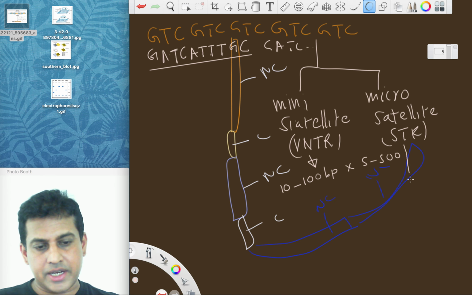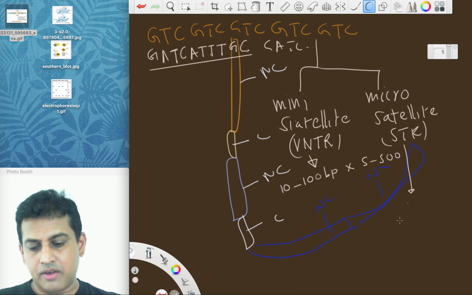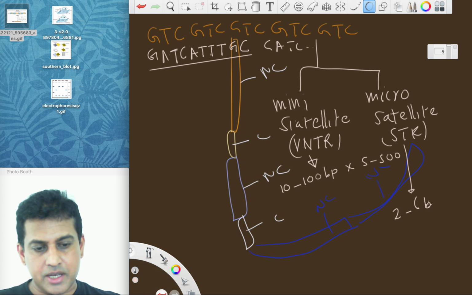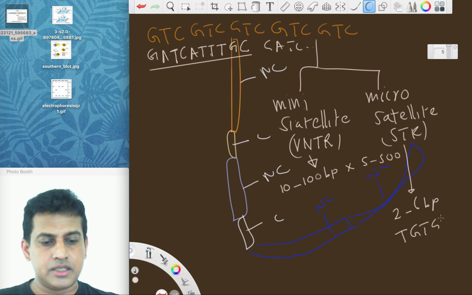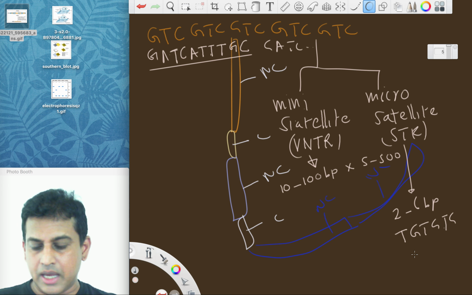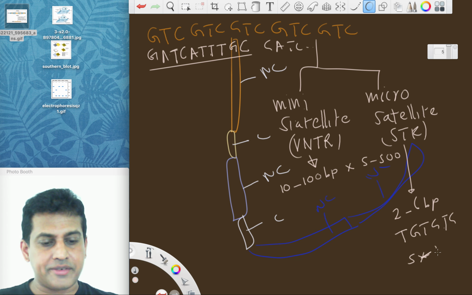So microsatellite, they have a short, like just like a 2 to 6 base pairs. For example, T and G and T and G, T and G, like this. It's repeating many times, could be again 5 to 100 times repeating.